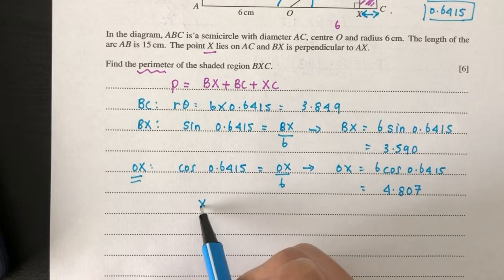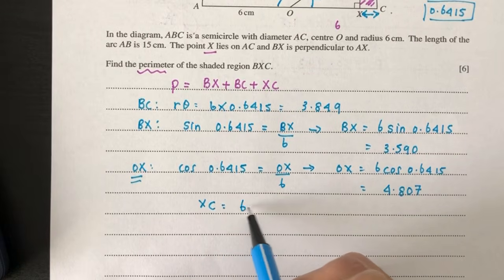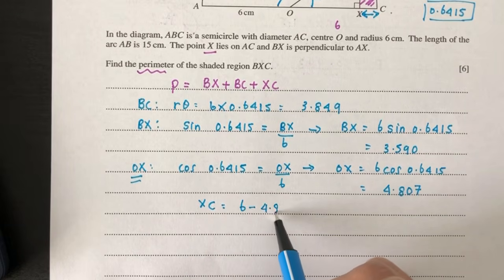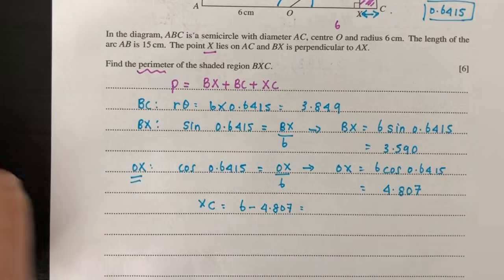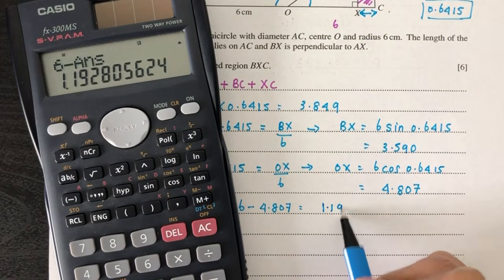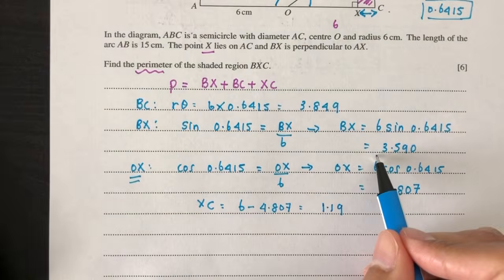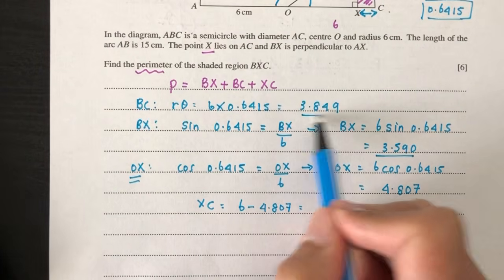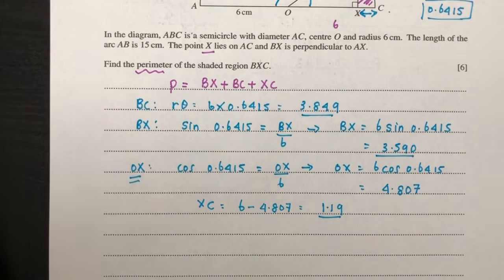Now to find the perimeter, OX is not the one we need, actually XC. So XC will be 6 minus OX. That will become 1.19. So add all this together to find the perimeter.